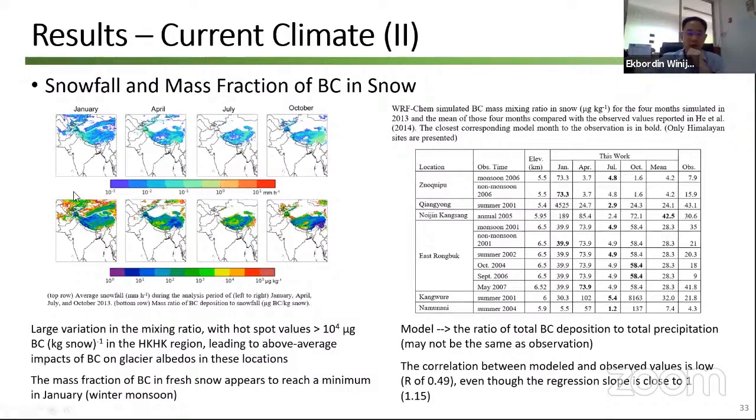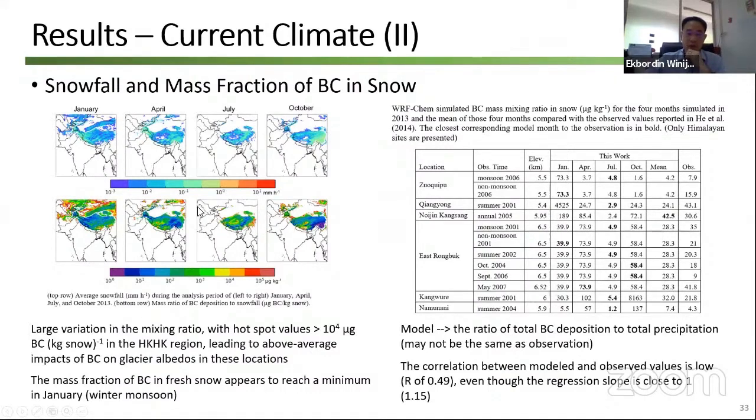From January to October we can see different ranges. On the top is snowfall only. On the lower figures is the mass fraction of BC over snow.